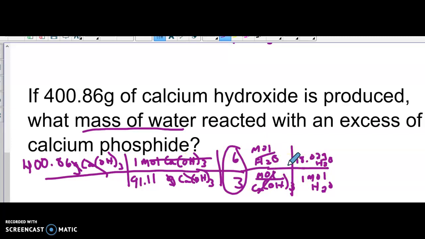So let's do our math. 400.86 times 6 times 18.02 divided by 91.1 times 3. I'm getting 158.57 grams of water. Feel free to email me if I messed up my math anywhere, because I just threw it in the calculator quickly.